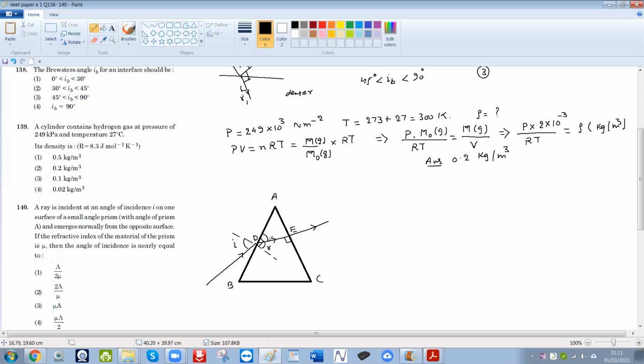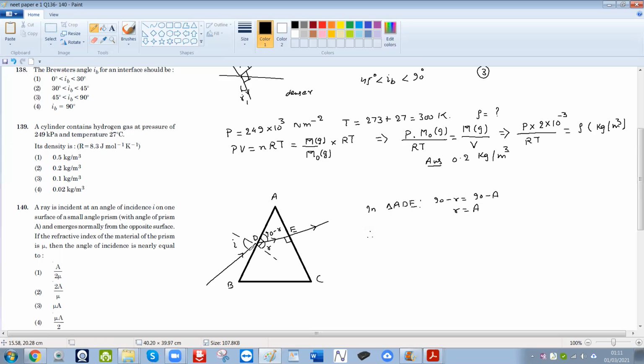So this angle becomes 90 minus R, and this is also equal to 90 minus A. So in whatever manner, you can easily convince yourself that angle R will be same as angle A, which is the angle of prism.